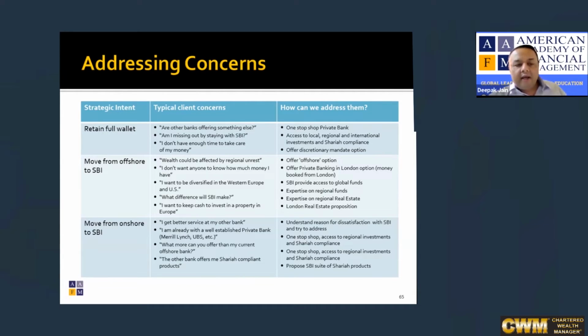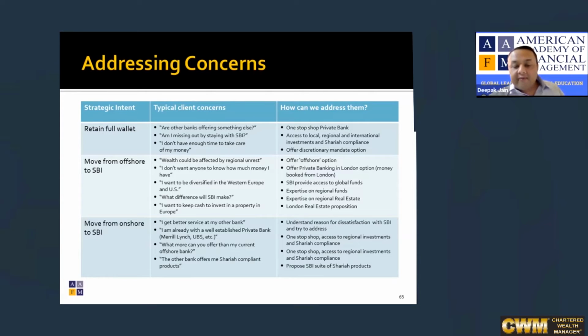Then when your intent is to move somebody from offshore to you, that means the wealth is outside India and you want that person to move wealth to your bank or your organization which is in India. So the client concern could be: wealth would be affected by regional unrest. I don't want anyone to know how much money I have.